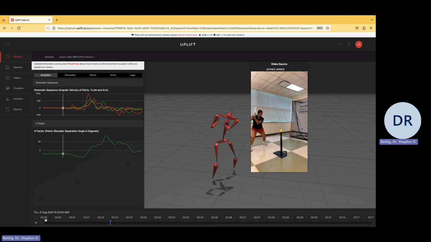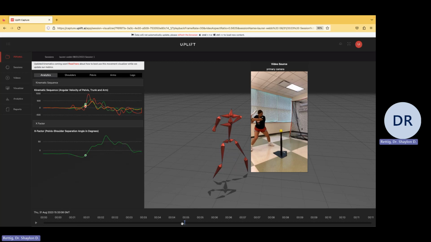Let me go back here. We look at negative move, which is movement away from the pitcher. We see a little movement of the hands, but the shoulders are also moving as well.